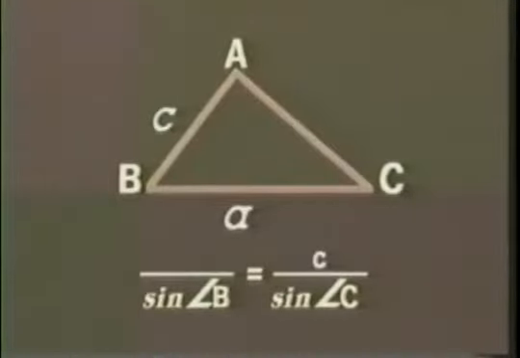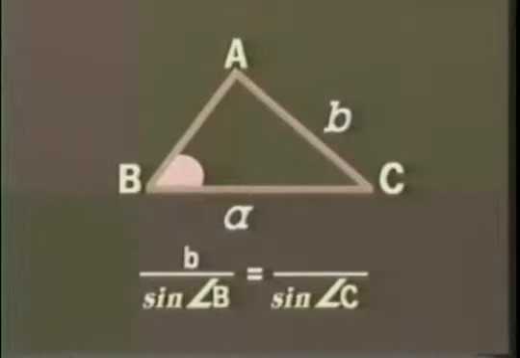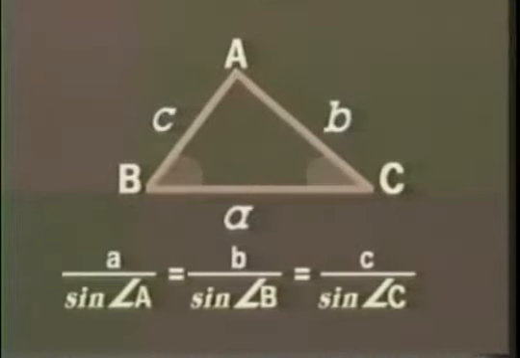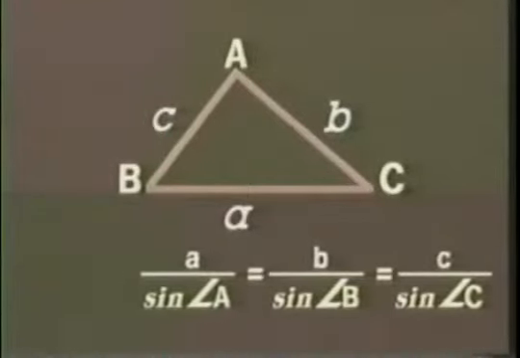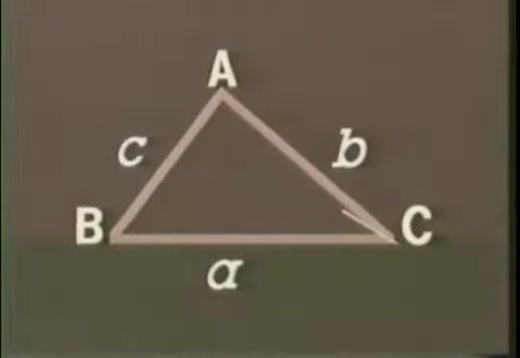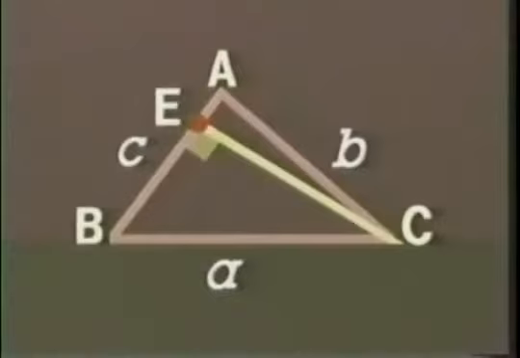The equation says that side b divided by the sine of angle B equals side c divided by the sine of angle C. It would seem logical then to assume that a over sine A will complete the sine law. Let's quickly prove this. Drop a new perpendicular from angle C to side AB at point E. CE is k units.